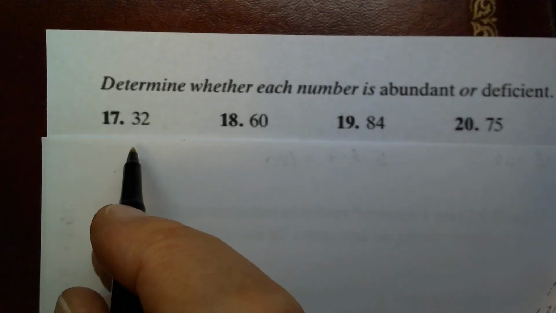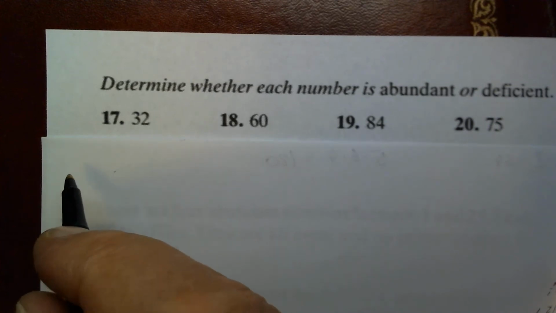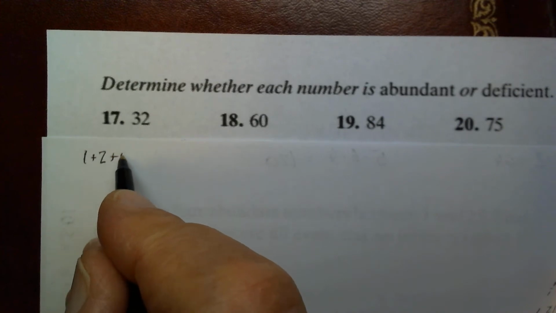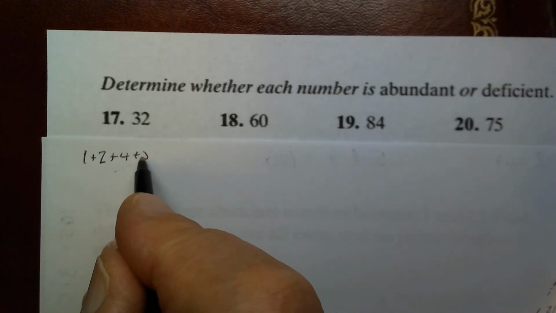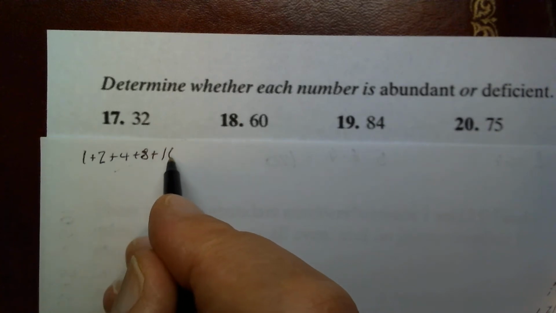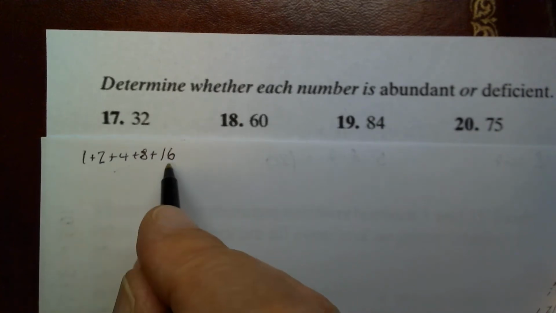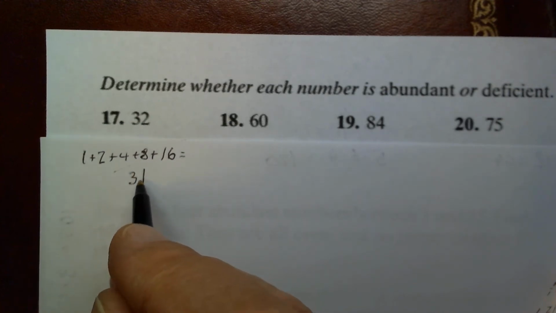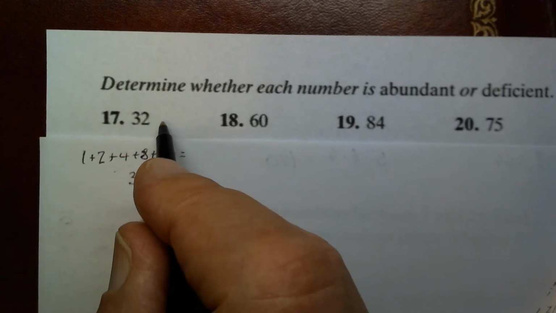So for the number 32, the proper divisors are 1 and 2 and 4 and 8 and 16. And the sum of the proper divisors is equal to 31. So therefore, we say that 32 is deficient.